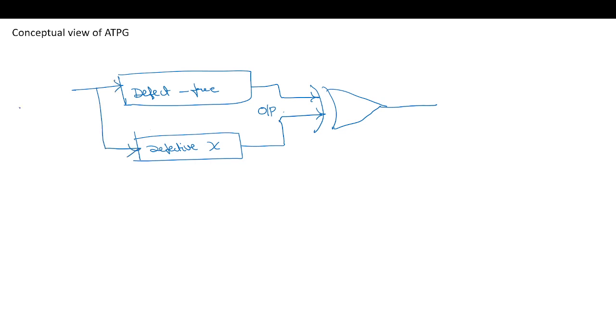The same input is applied to both circuits and the outputs are compared, generating a vector. If they are different, the output is 1, that is, the fault is detected. If they are the same, the output is 0, so the fault is not detected.